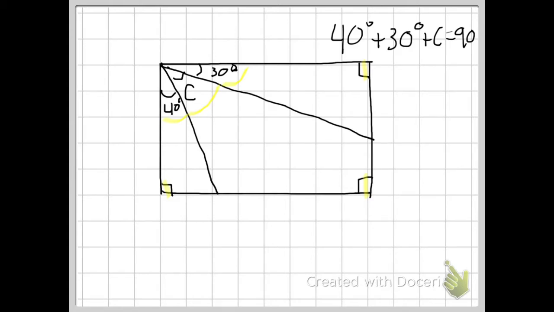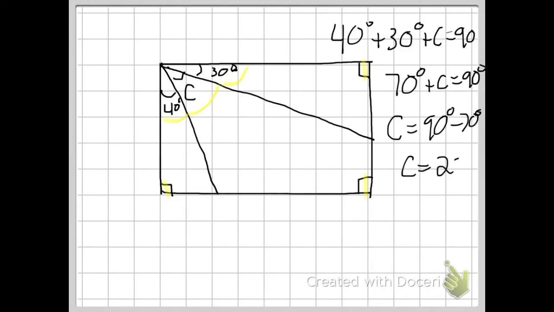All right, so 70 degrees plus angle C equals 90 degrees. So if we subtract, C equals 90 degrees minus 70 degrees. So angle C equals 20 degrees.